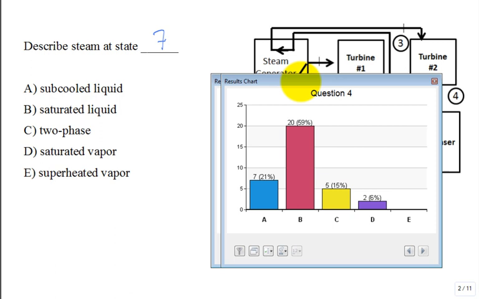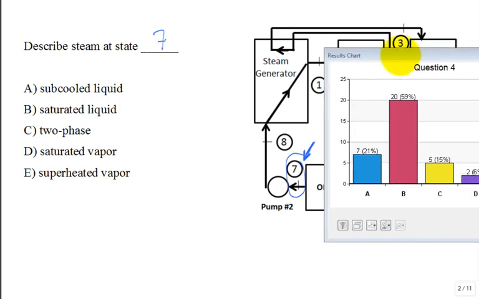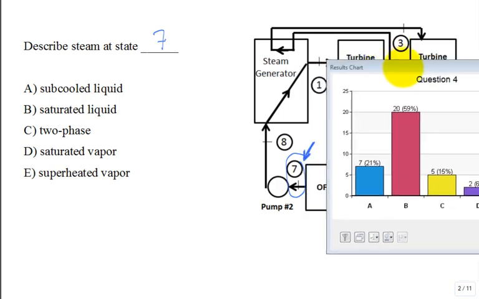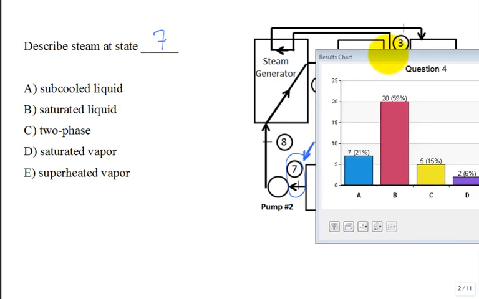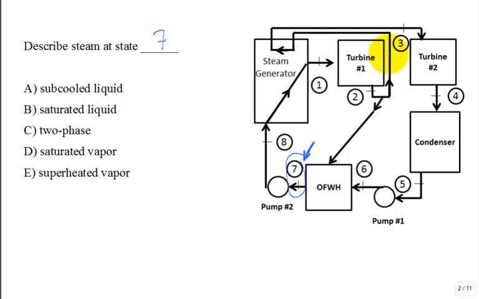Well, State 7 is always a little more challenging than other states, but how can you tell that State 7 is a saturated liquid? It's got as much energy as you can get into it without giving that pump problems.